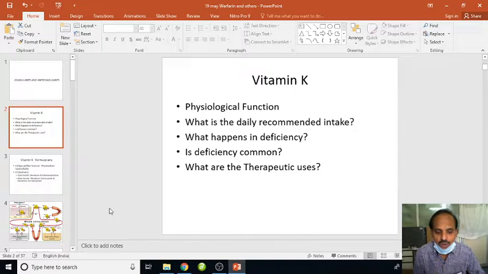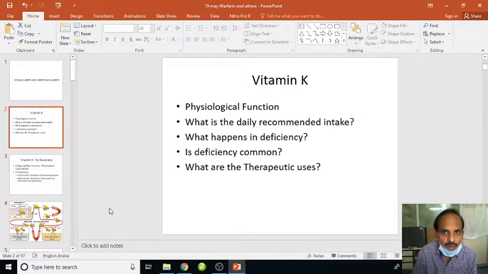The natural source is primarily plant derived, and that vitamin is called vitamin K1. Because it is plant derived, it is also called phylloquinone, or phytonadione. Phytonadione or phylloquinone is vitamin K1.